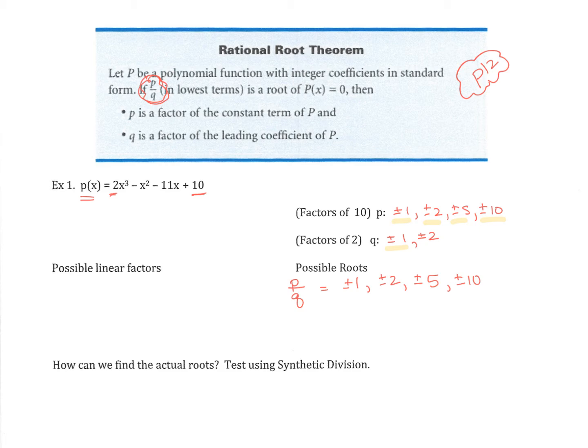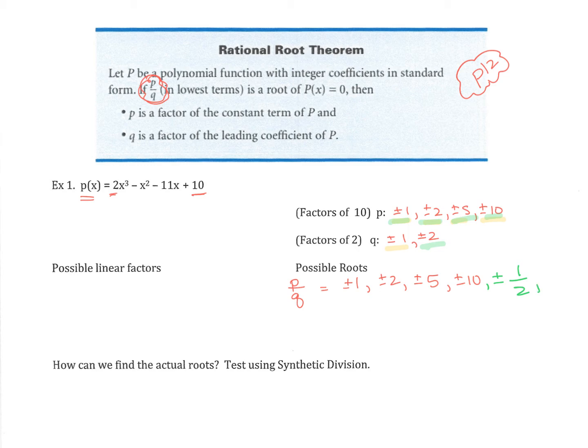However, now I'm going to look at taking each one of these factors of p, and instead I'm going to divide by plus or minus 2. So this is going to change up my possibilities because now my plus or minus 1, I'm going to be dividing by a positive or negative 2. That's obviously, depending on my signs, going to give me a positive or negative 1/2.